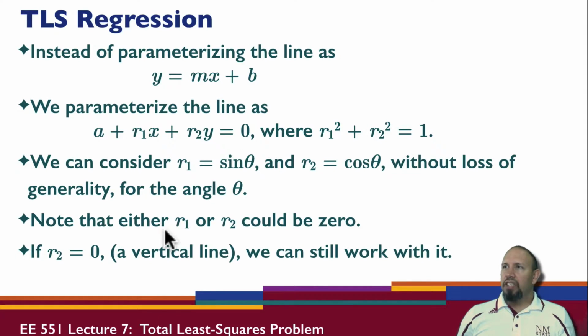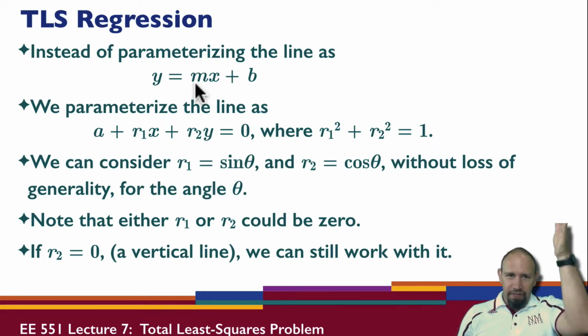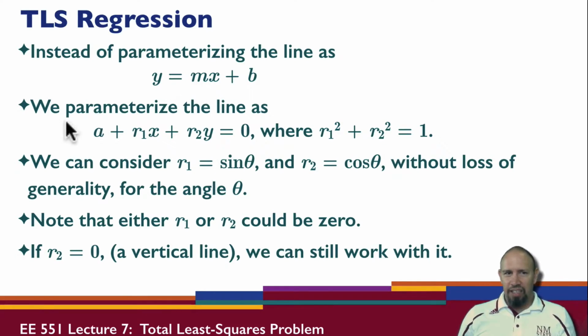But we can still have a line that is vertical. So the challenge here is that when you have a vertical line, that basically corresponds to something that's not really a function, and so that's why it's often not looked at. But it's possible for you to actually have data that fit that line. Okay, so the value of this total least squares regression approach is that we can still work with it.